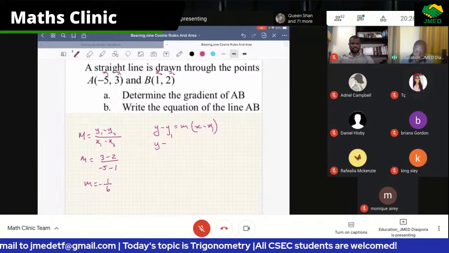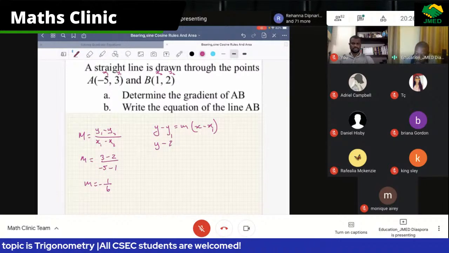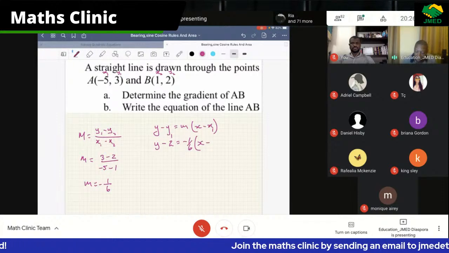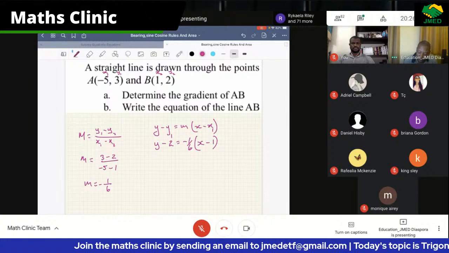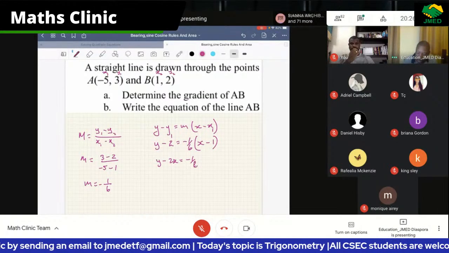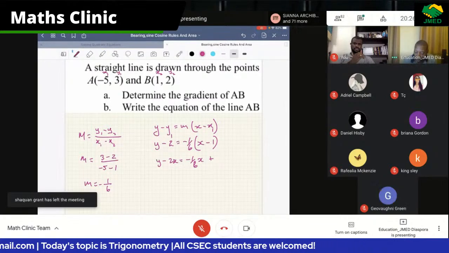B. Okay, I know why you chose B. So it's going to be y minus 2 is equal to negative 1/6 into x minus 1. Then we simplify.